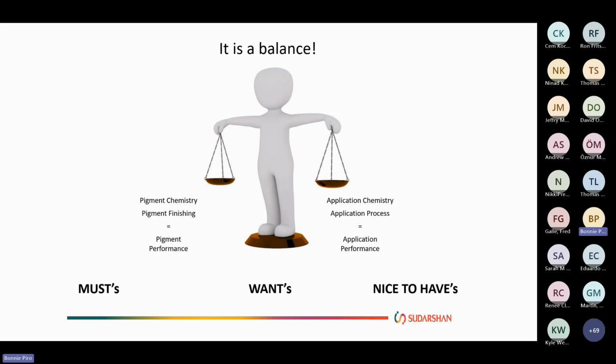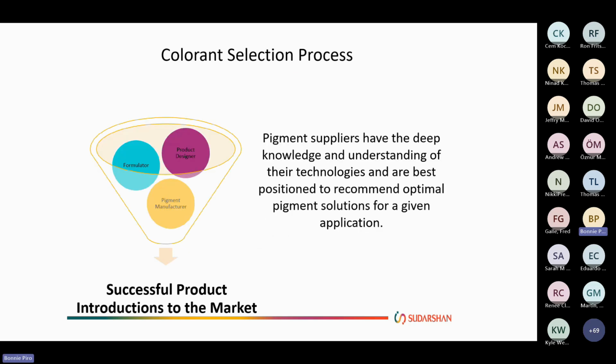And as long as you have a good list of attributes, identifying the things that you have to have, your wants and your nice to haves, that's always an important place to start. And using the pigment suppliers and manufacturers is a very good tool to have in your back pocket when you're selecting a pigment because as you've seen in these webinars, we do have a good knowledge of the properties of the pigments, what they can and can't do.